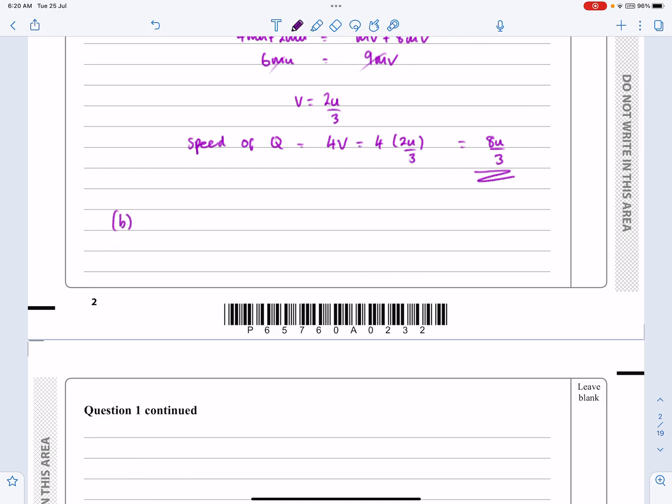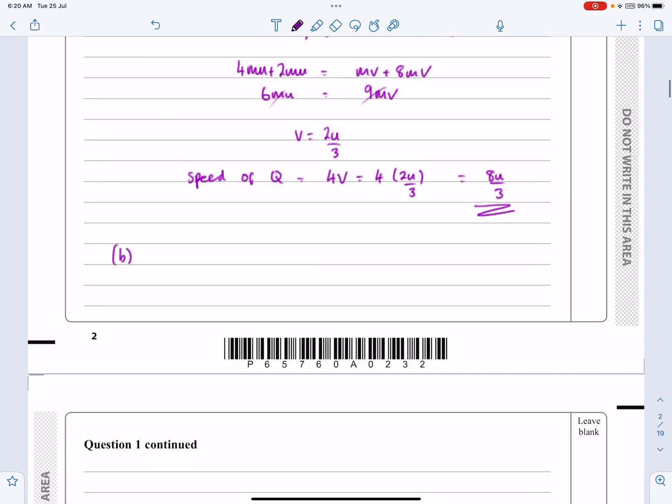So for part B, considering P, impulse is equal to M times V minus U, the change in momentum. So in this case, it's going to be equal to M times V minus 4U.